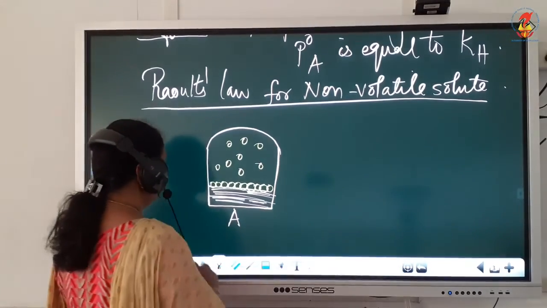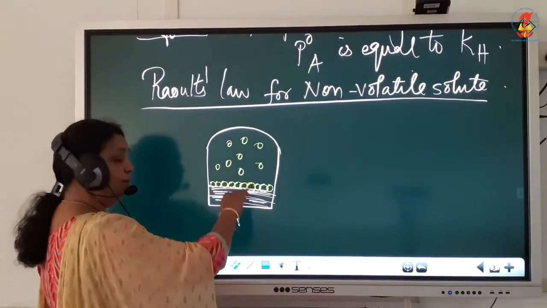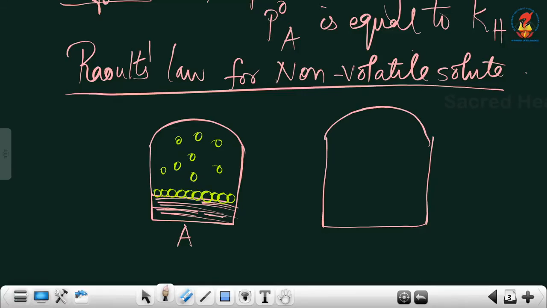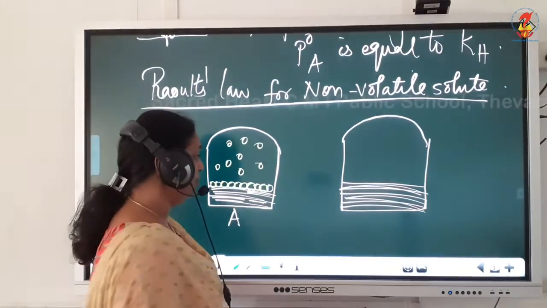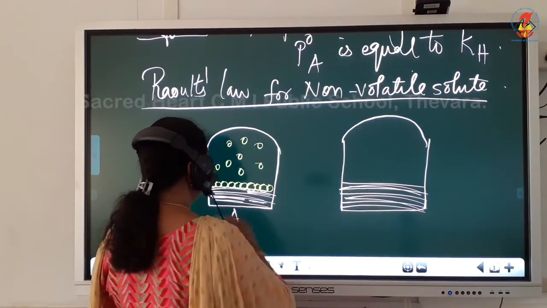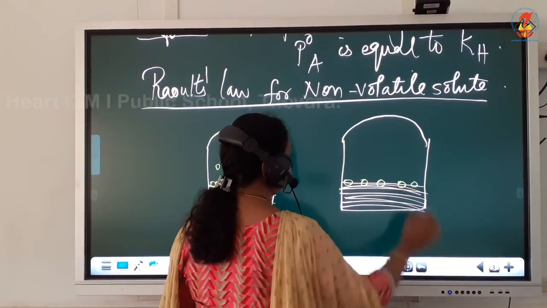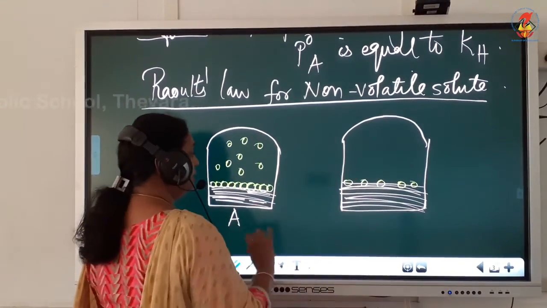Now, suppose I add a non-volatile solute to this. So, I am going to show another closed container in which I have the solvent. Now, to this I am going to add a non-volatile solute. So, I have solvent molecules on the surface and I added non-volatile solute to this.